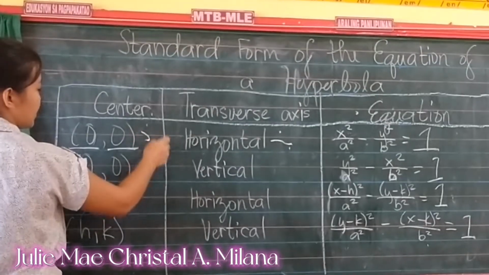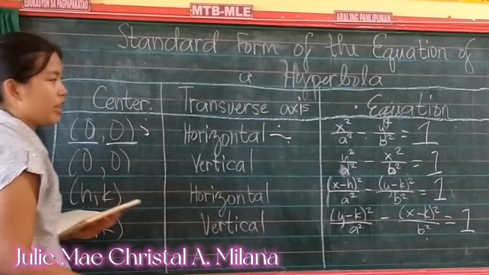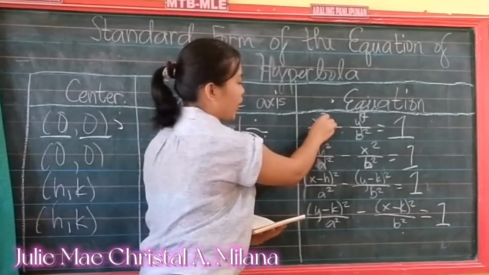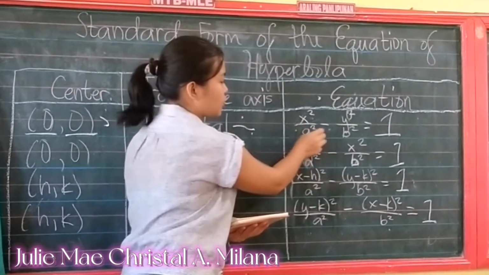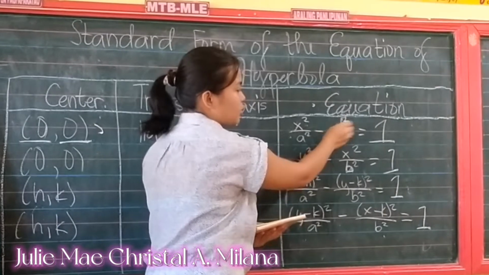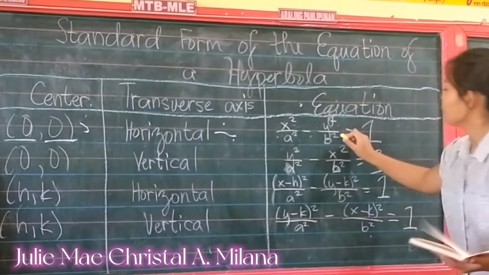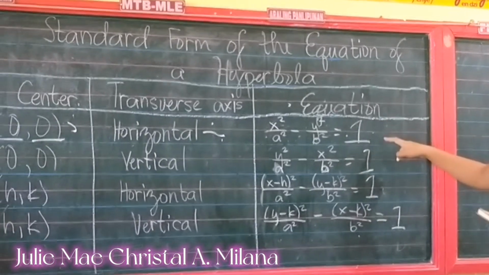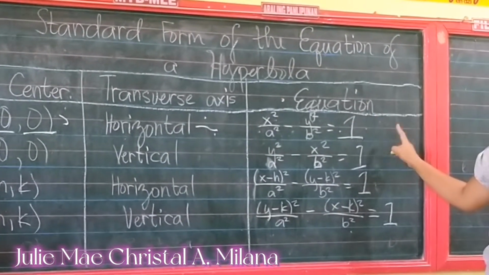Then, the equation is x squared over a squared minus y squared over b squared equals 1. So, that is a constant formula.